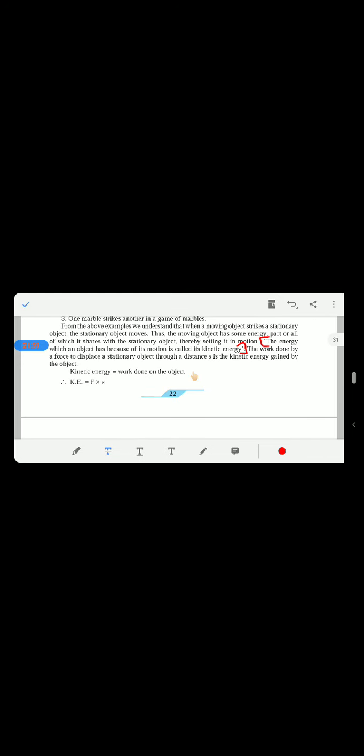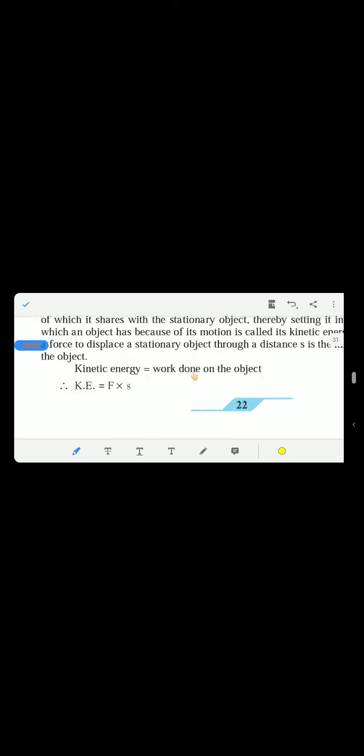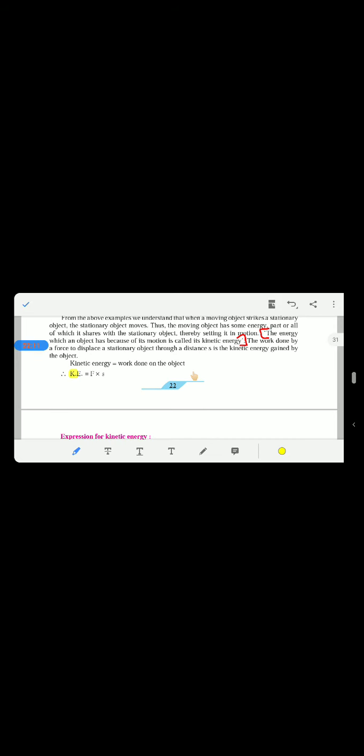So we can also say that kinetic energy will be force into displacement, because kinetic energy is nothing but work done on an object.